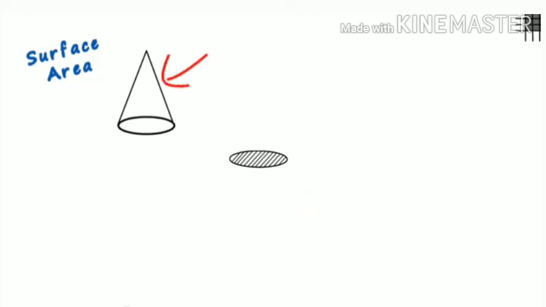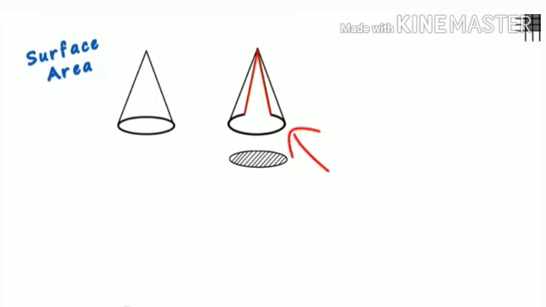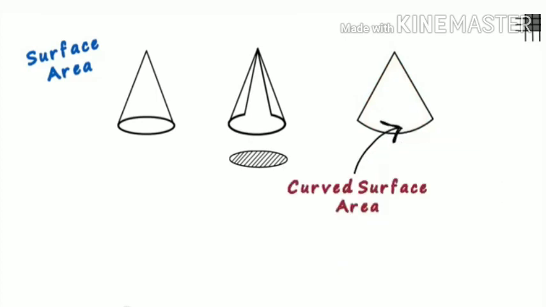So the remaining portion is the curved surface area. Now we will cut the cone and then open it. The shape of the paper which forms the surface of the cone is called the CSA, the curved surface area of the cone.